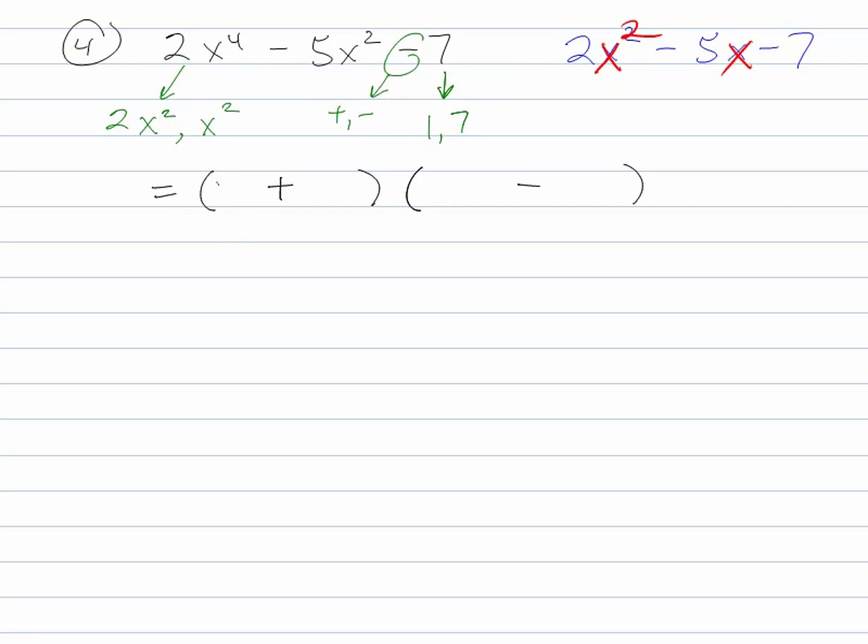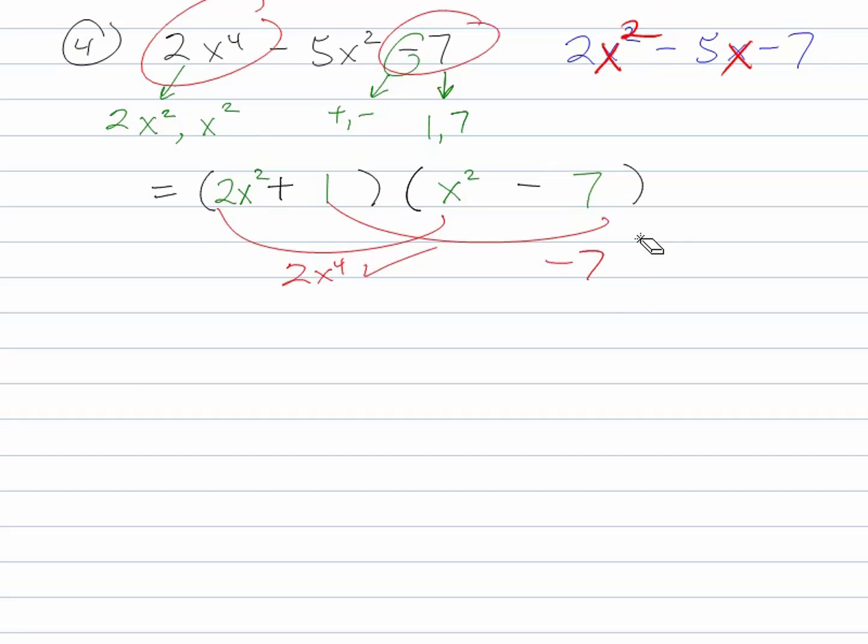Now I'm going to guess as to where the 2x squareds go. So we'll pretend that one's there and that one's there. And then I'm going to throw in a 1 and a 7. And by design, if I FOIL this, the first and the last terms will already be working, right? First is going to give me 2x to the 4th, which is what it needs to be here. The last will give me minus 7, which is what it needs to be here.